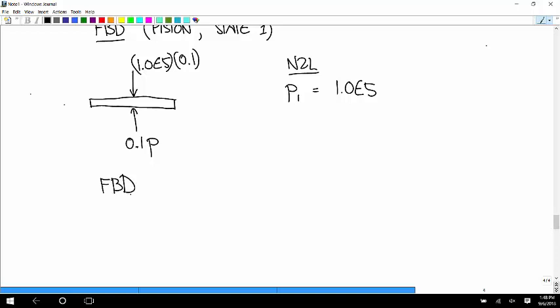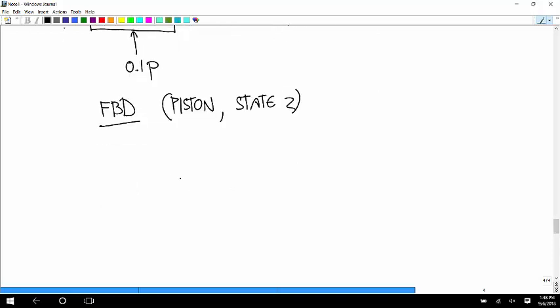And then free body diagram of the piston at state two. Now we have the spring force pushing down of 10,000 newtons, in addition to the force applied by the atmospheric pressure.